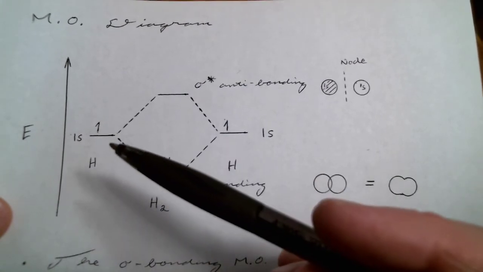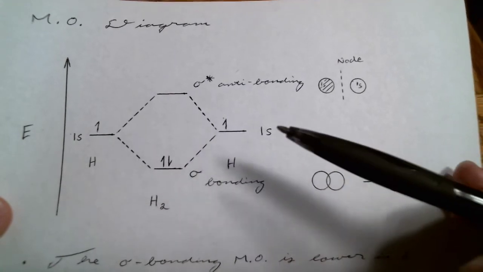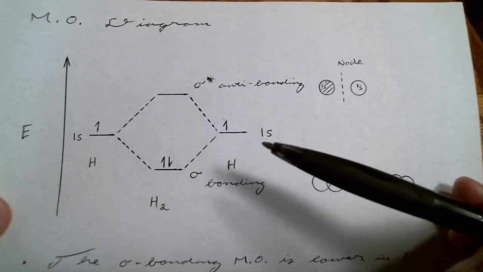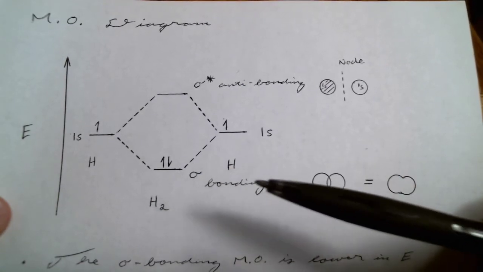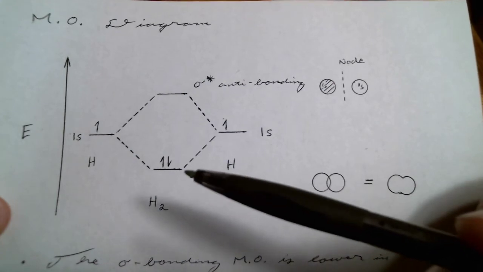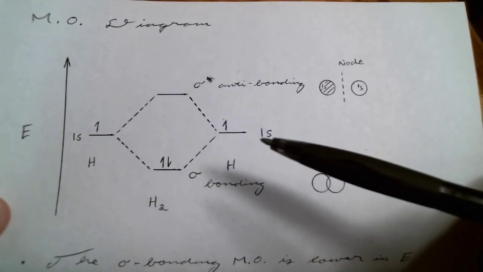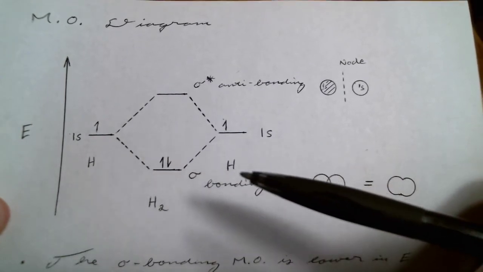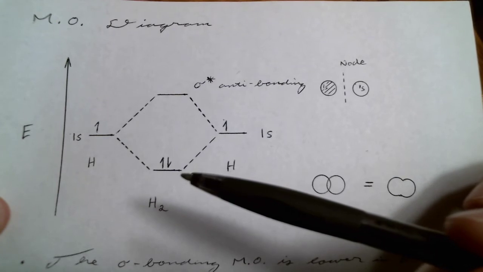We're bringing together a hydrogen on the left that contains one electron in a 1s orbital, and a hydrogen on the right that contains one electron in a 1s orbital. The combination in which those two wave functions overlap just so happens to be a molecular orbital that's lower in energy than either 1s orbital on its own. So that's where the sigma bonding goes in terms of energy.